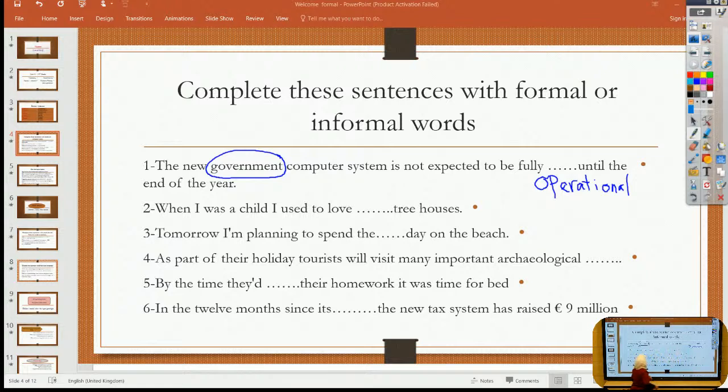So here I can't use ready to use because we are talking about something formal, government.